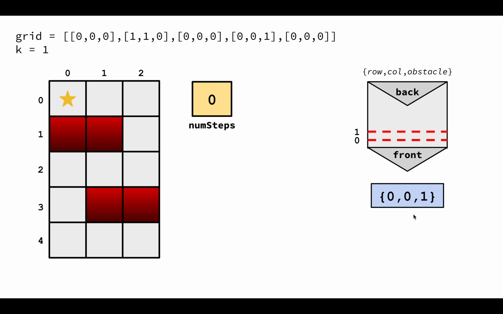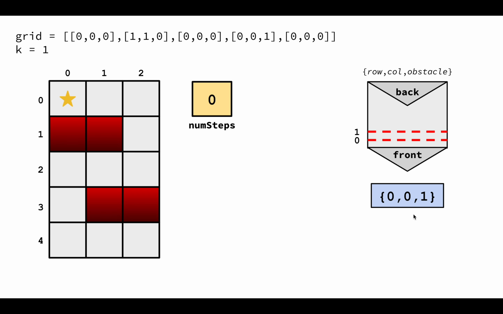Now we'll visit 1, 0, 0. And here, one thing to keep in mind is this is going to be our last element that is only 1 step away. So if we visit 1, 0, 0, that's over here. And then we can actually evaluate the 4 different directions we could go and see which ones are valid.